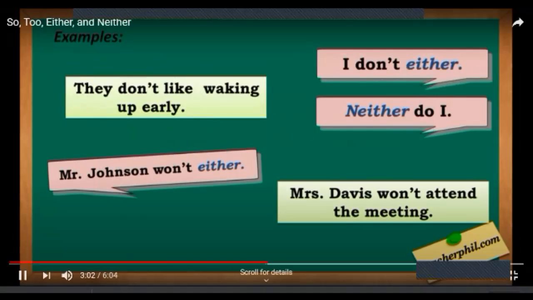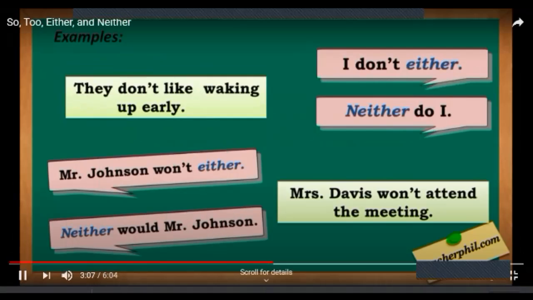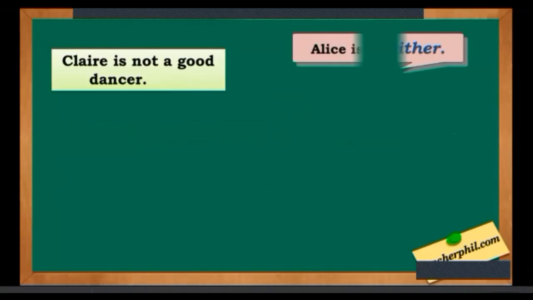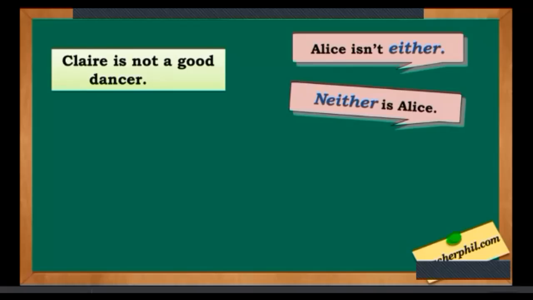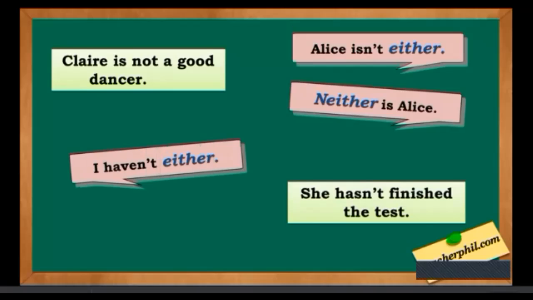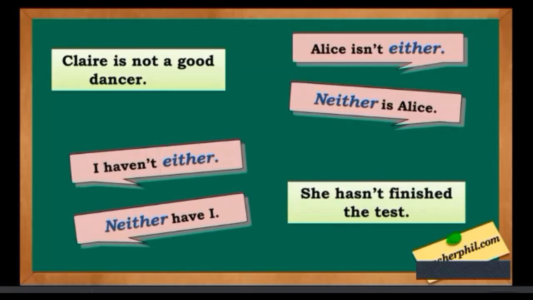Mrs. Johnson won't either. Or, neither would Mr. Johnson. Claire is not a good dancer. Alice isn't either. Or, neither is Alice. She hasn't finished the test. I haven't either. Or, neither have I.